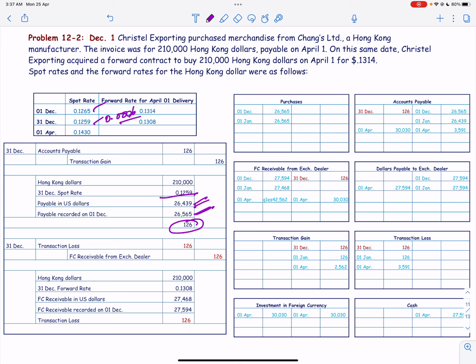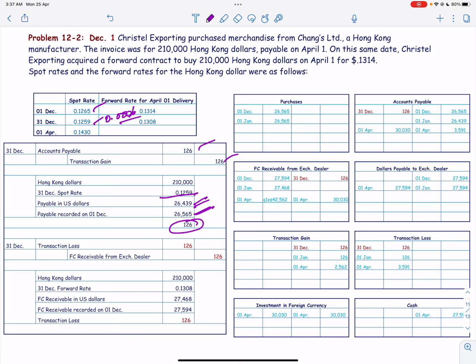And the journal entry will be accounts payable debit by 126 and transaction gain credit by 126. So the spot rate on the balance sheet date worked in favor of Crystal.